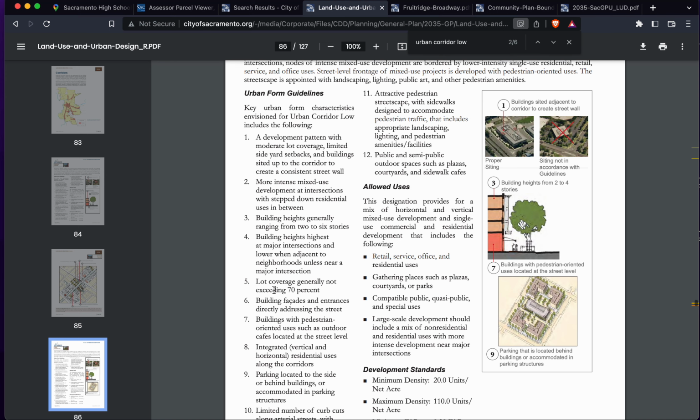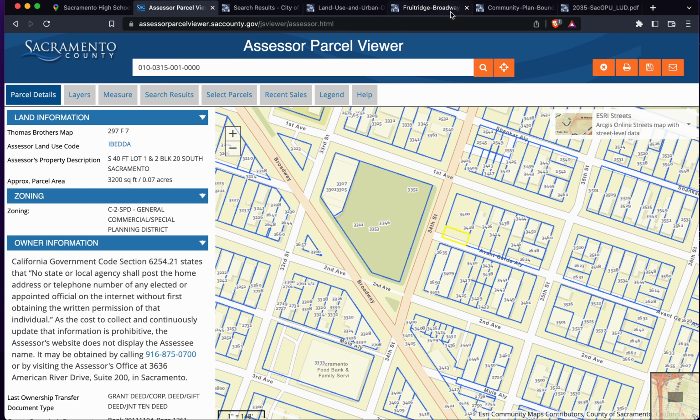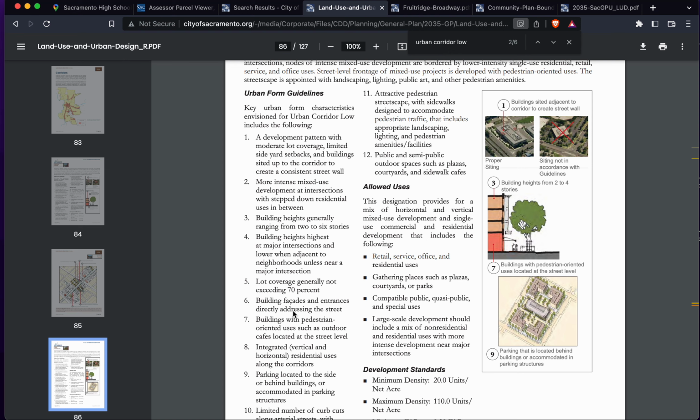Looks like it's consistent. The lot coverage also is important here. Lot coverage means that you cannot cover more than 70% of the area, which is okay because we need a minimum of 30%. But you can't occupy the whole lot. You can only occupy up to 70% of 3,200. Okay, that's important to know. What else?